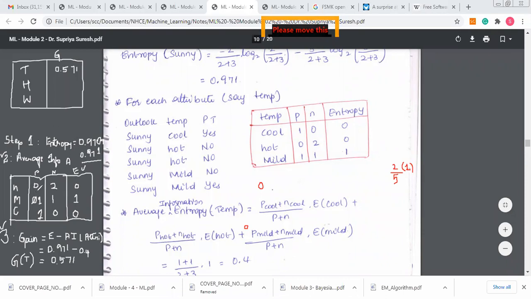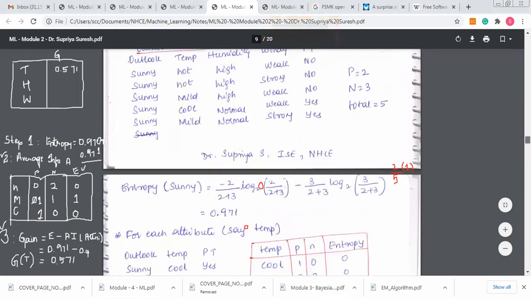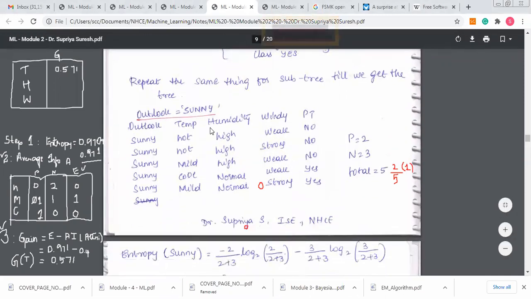Calculate it and let me know. Create the same table with respect to humidity. From humidity, I'll have only two values, high and normal. In high, the number of positives, I do not have any. So for normal it is 2 and 0, and for high it is 0 and 3.